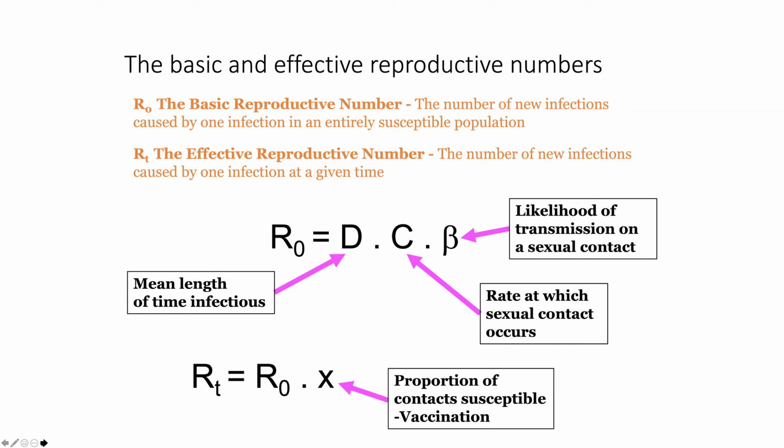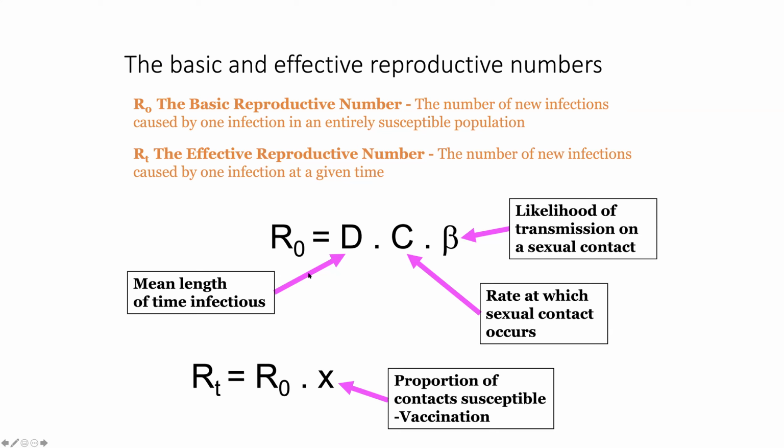And we really were able to observe the basic reproductive number early in the epidemic for COVID-19. But the effective reproductive number, what we see today, is the number of new infections caused by one infection at a given time. And we know with our transmission mitigation strategies that we were able to bring the effective reproductive number down to just about 1 for COVID at the moment.